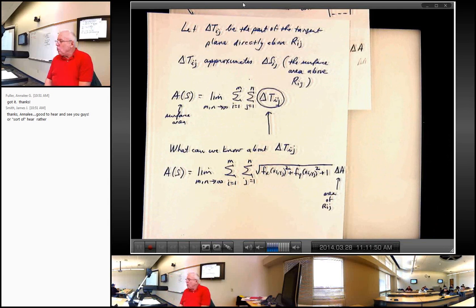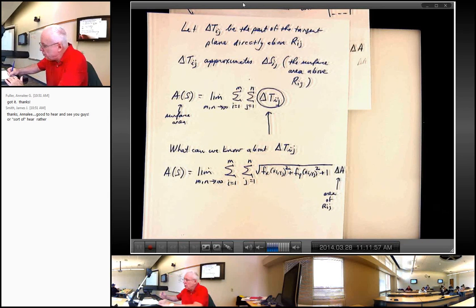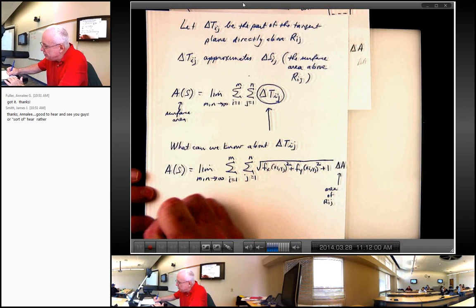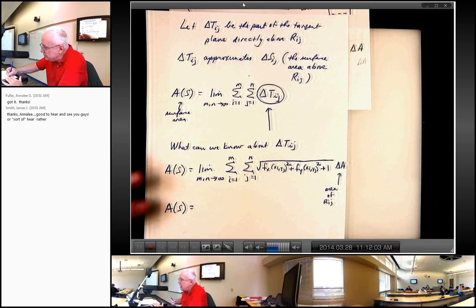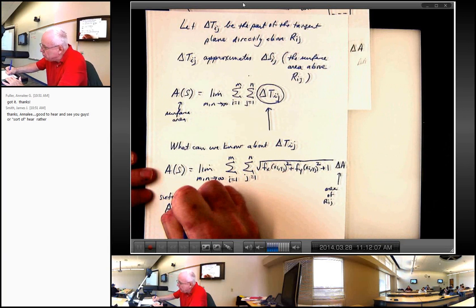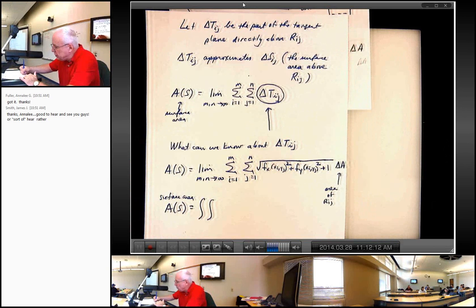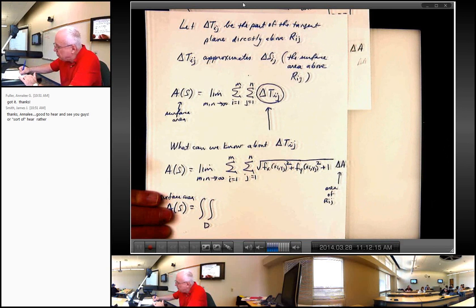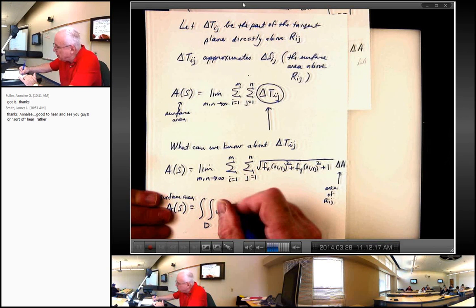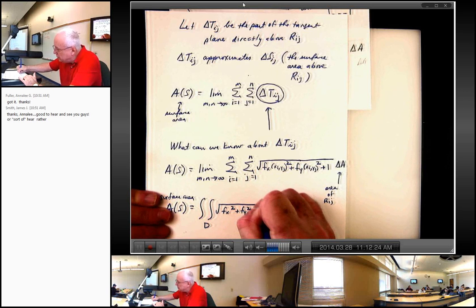All right, so we know that the limit of a Riemann sum gives us an integral. This is the final product of all of this. I can then say the surface area is equal to the double integral over our region D of the square root of fx squared plus fy squared plus 1 dA.